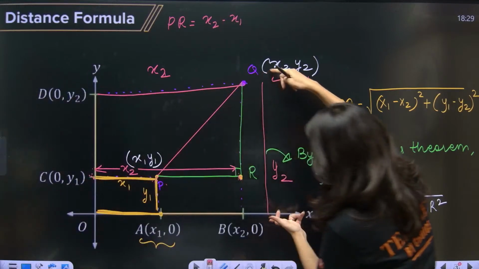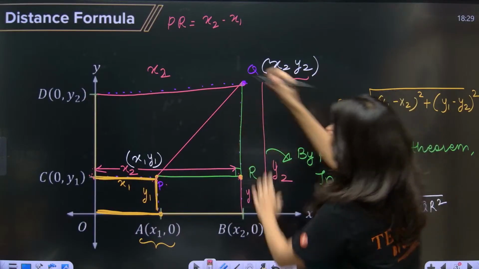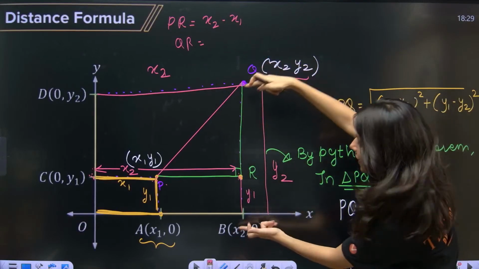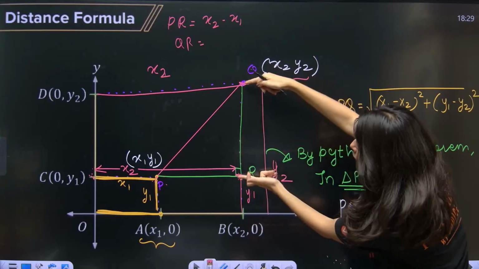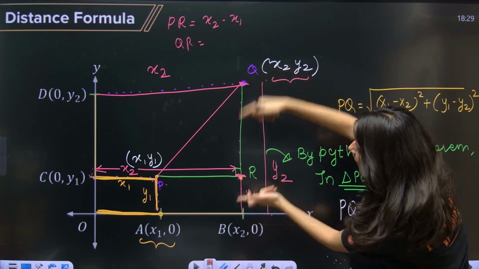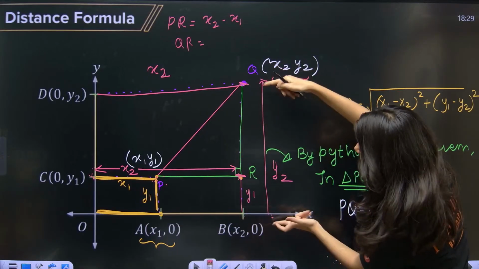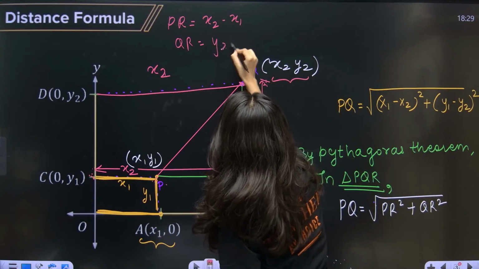Similarly, if this is y2 and trust me, this is y1, so this is also y1. So you want QR. Now QR, geometrically, can you see QR? You need this distance. So QR is going to be y2 minus y1. The whole distance y2 minus this portion. So y2 minus y1. Yes or no?